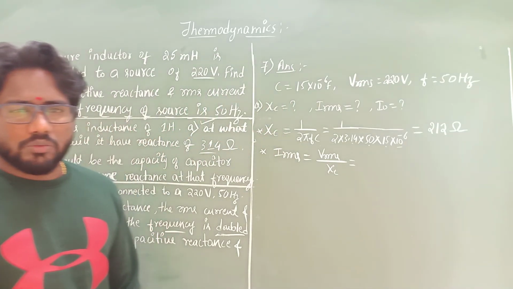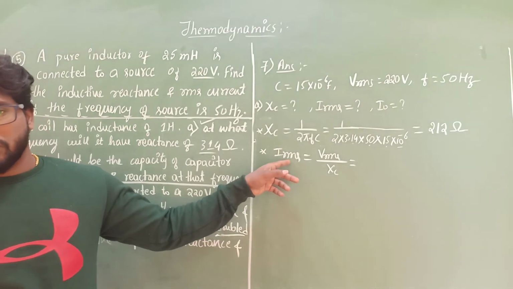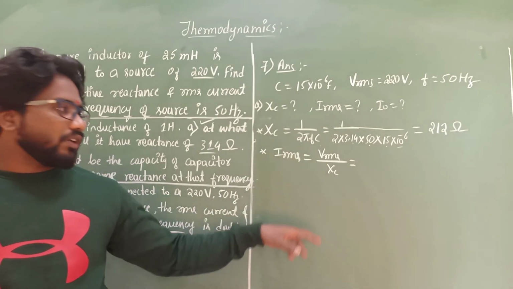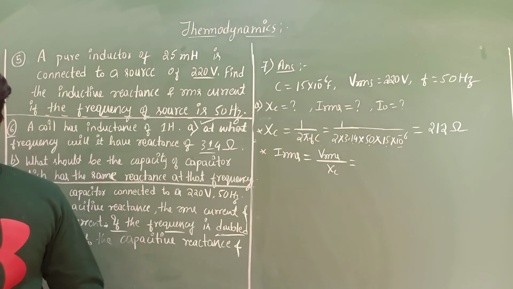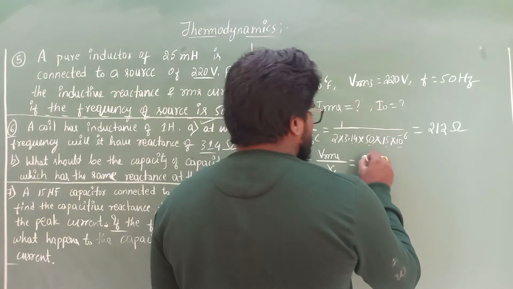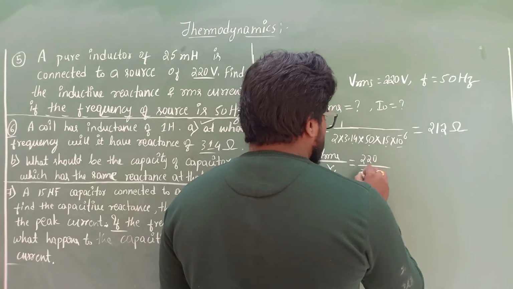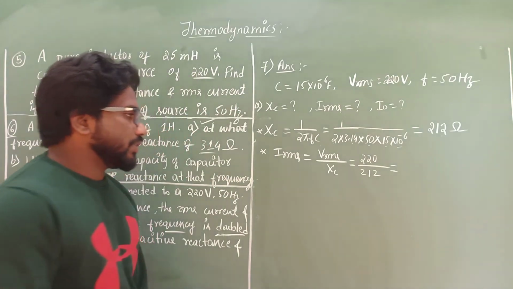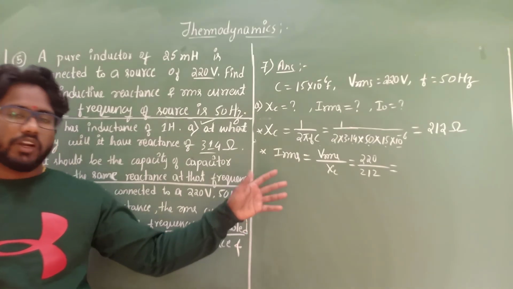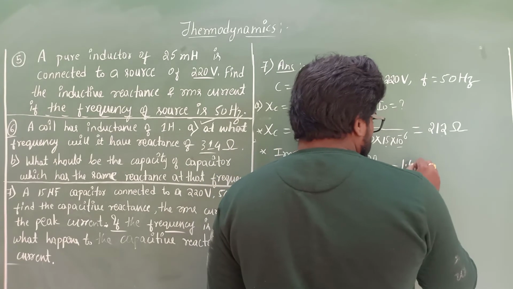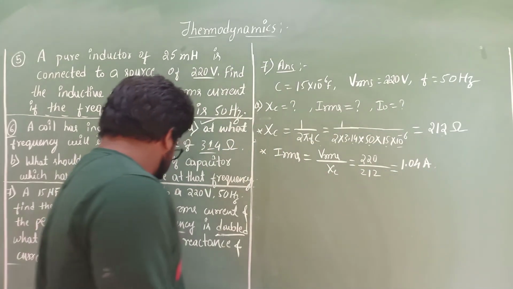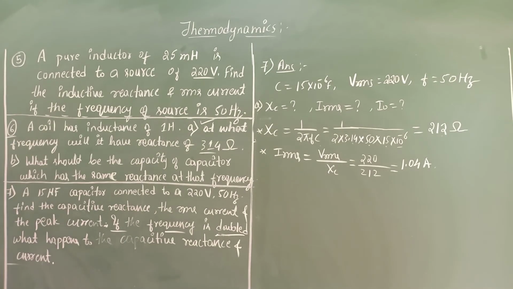It is nothing but Ohm's law, V is equal to I into R. In place of R we can take XC, because it is the opposition in the circuit. VRMS is 220 divided by 212, so the value is around 1 point something, 1.04 ampere. That is the RMS value of current.